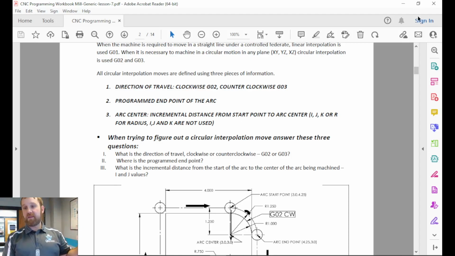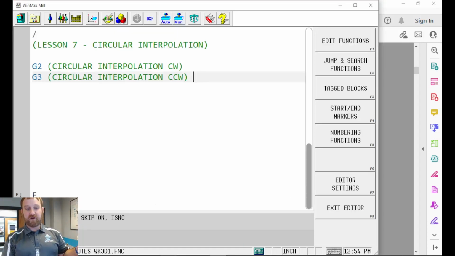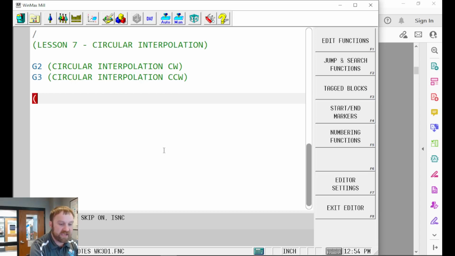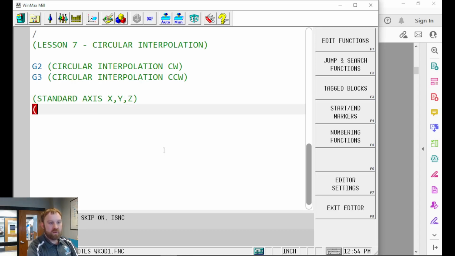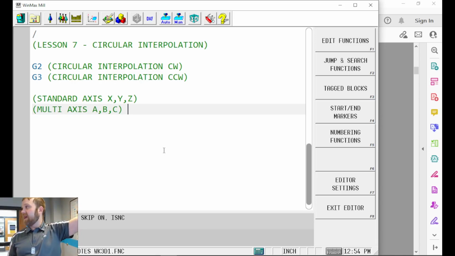Now, that being said, they function just like what we talked about on one of the first days. We've got our standard axes, which are X, Y, Z. We've got our multi-axes, which are A, B, C, meaning that a multi-axis rotation in the A means it's rotating around the X-axis.